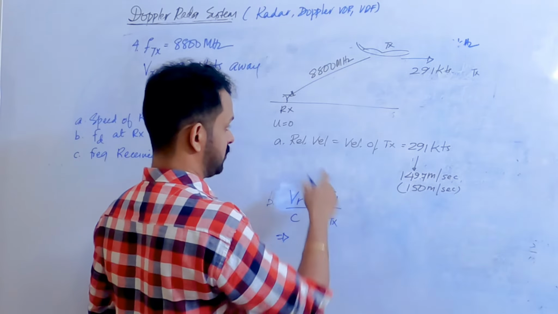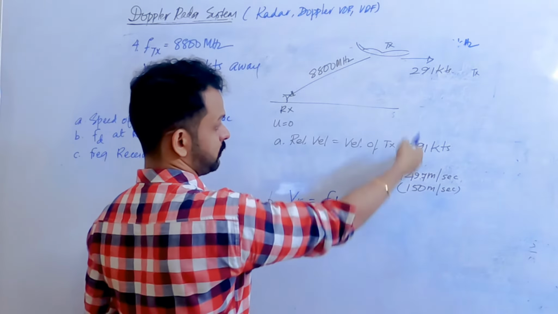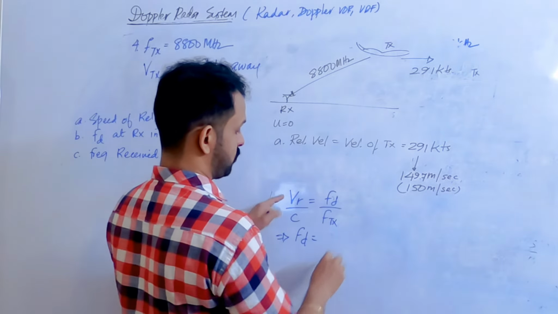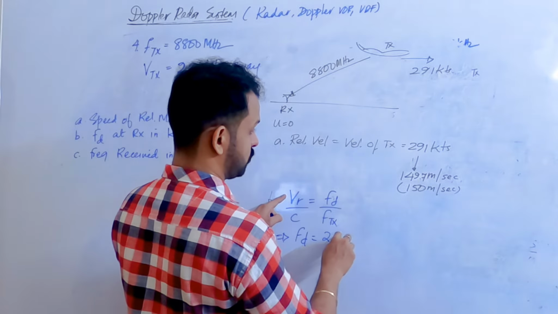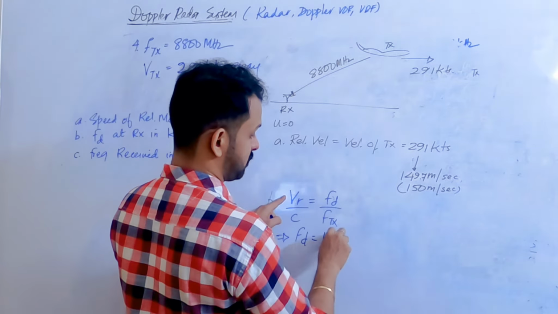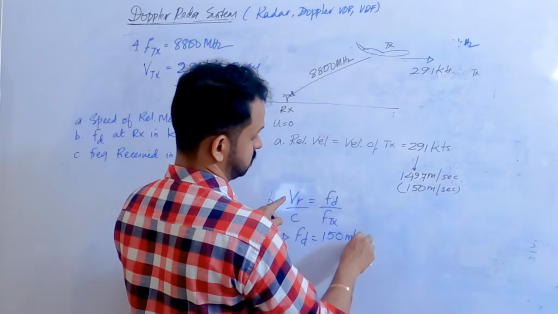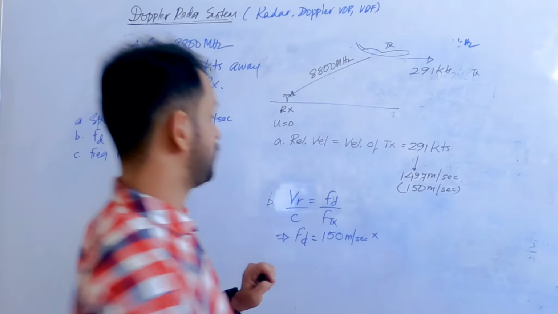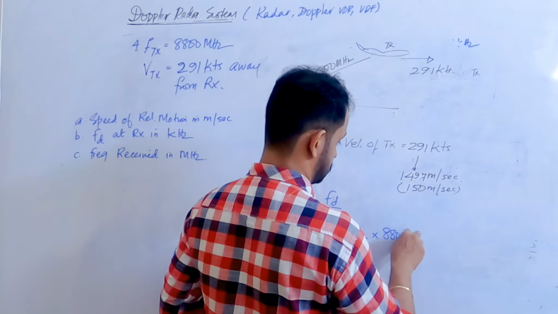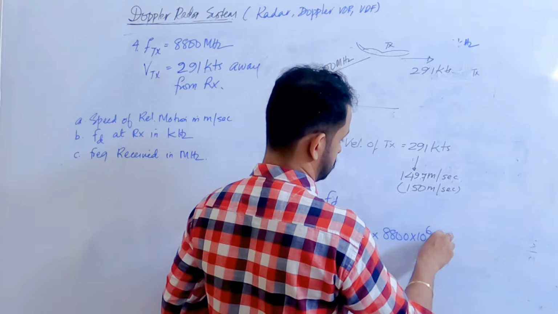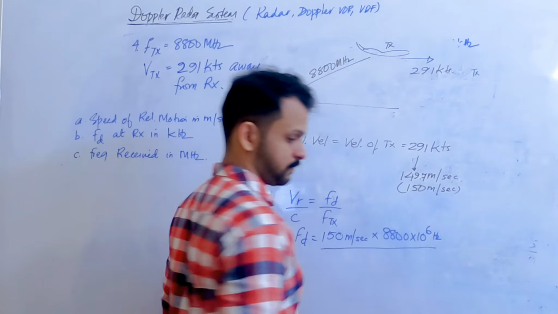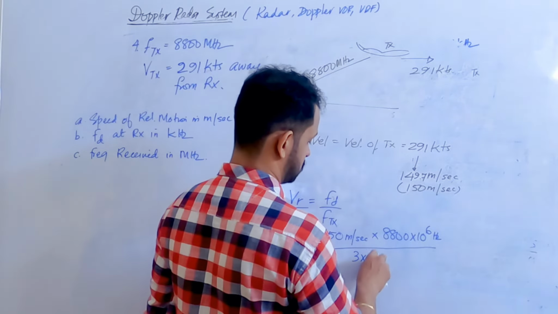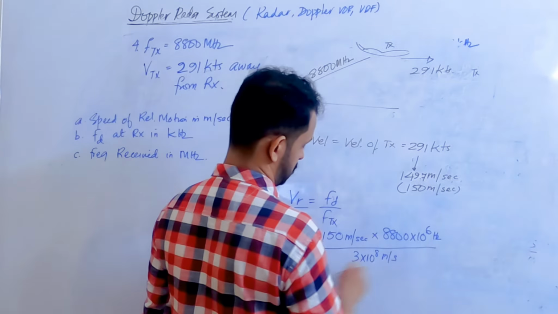Relative velocity is simply equal to the velocity of the transmitter. You have to find the Doppler shift frequency, which is the relative velocity of 150, taken in meters per second just to keep the units the same, times the frequency of transmission, 8800, divided by the speed of light in meters per second.